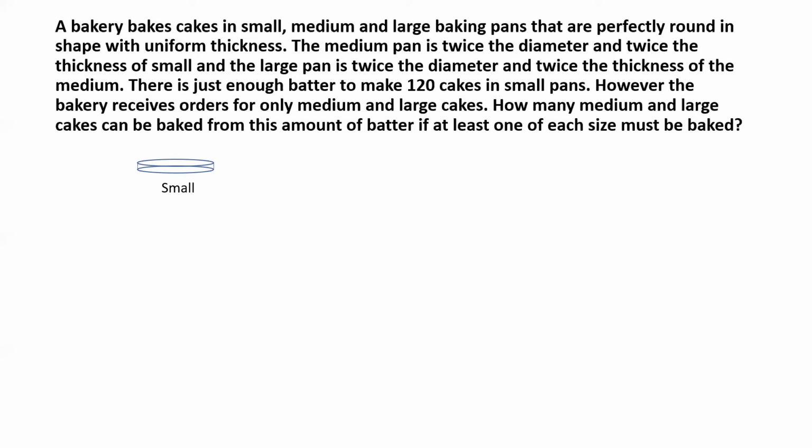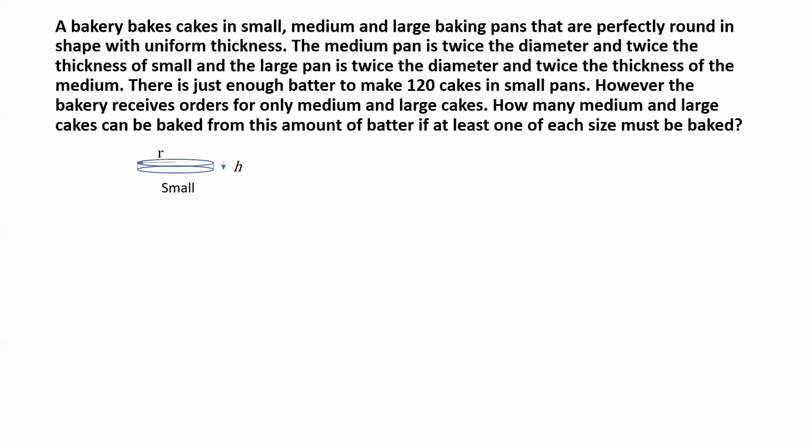But if you really think about the shape from a three-dimensional standpoint, this will be more like a cylinder, right? And we can consider the radius as r, and then the height of the cylinder is basically the thickness of the cake or the pan.